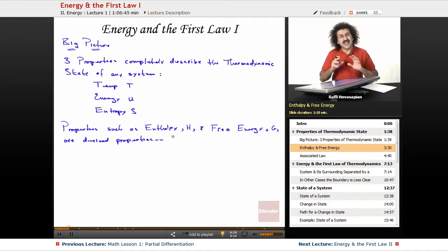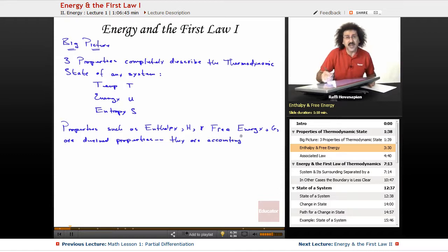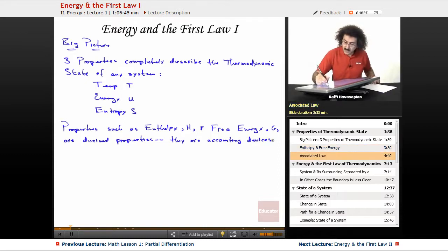They're accounting devices used to simplify calculations or make something more experimentally easy to deal with. So they are not actual thermodynamic properties. They are accounting devices, and you'll see what we mean when we actually discuss them.